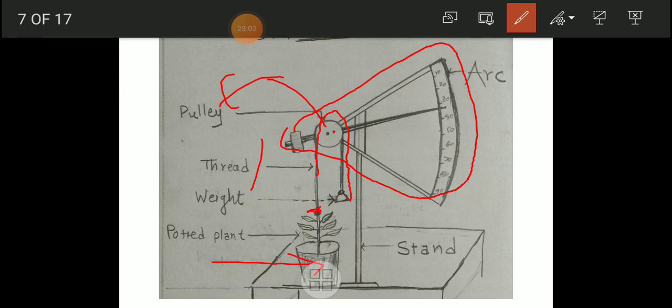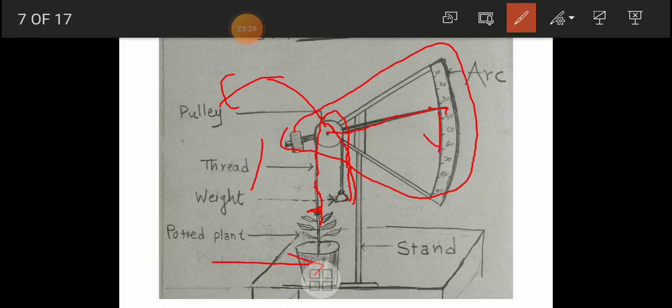So my friends, as the growth takes place, this string moves downward, which means this pulley moves downward, and in proportion to the growth, this pointer also moves, isn't it?